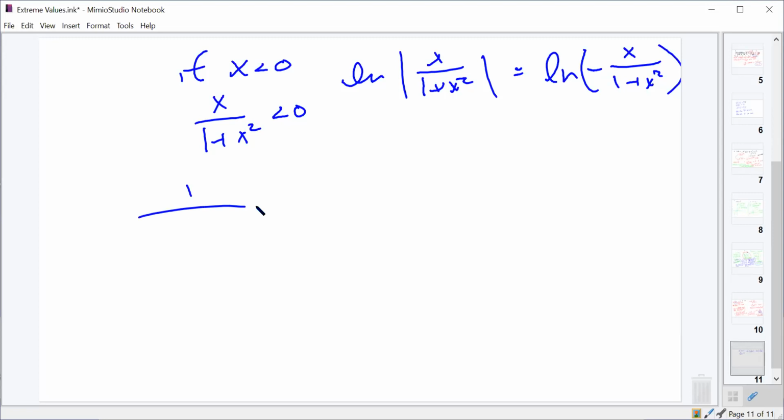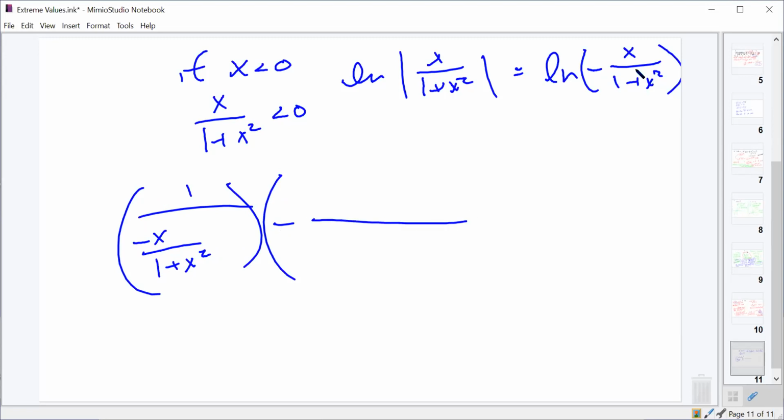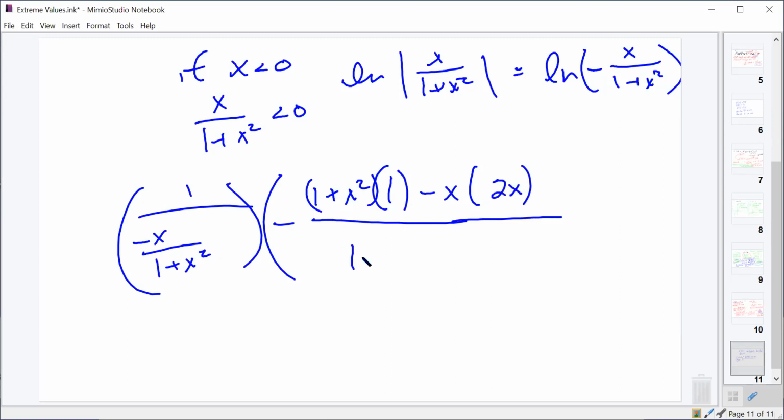1 over negative x over 1 plus x squared times the derivative of this. Well, that's just going to be negative. And then same thing that we did before, right? 1 plus x squared times 1 minus x times 2x all over 1 plus x squared, squared.